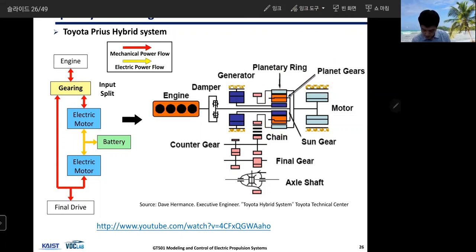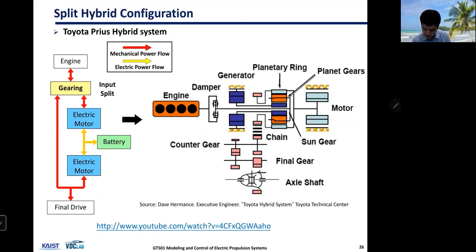And within the planetary gear set, there's a ring gear at the most outer part, and then there's a sun gear, which is at the center of the gear, and then there are planet gears between the ring and sun. So the planet gear is connecting the sun and ring gear. Okay.